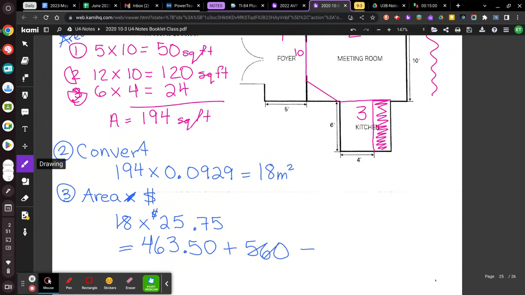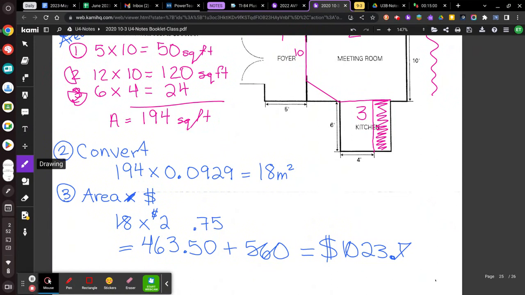And that's going to equal, for money, $1,023 and 50 cents. Okay, it should be 50 cents on the end. Yeah, it should be 1,023.50. I'm trying to write it here properly.